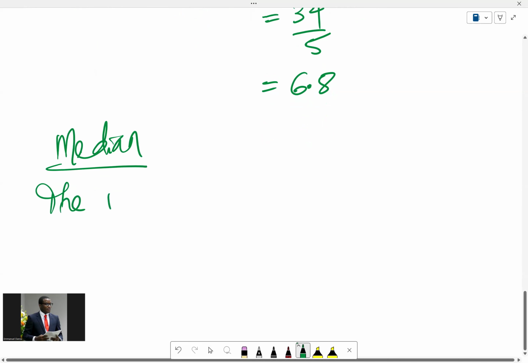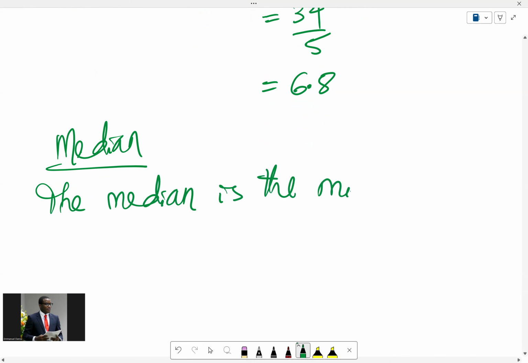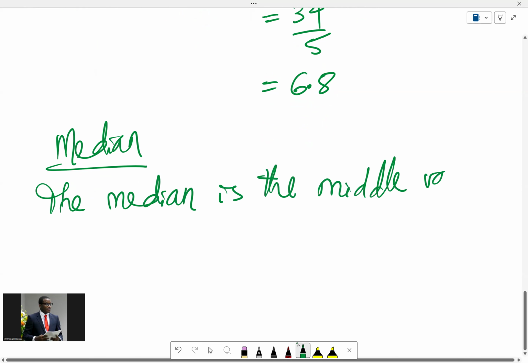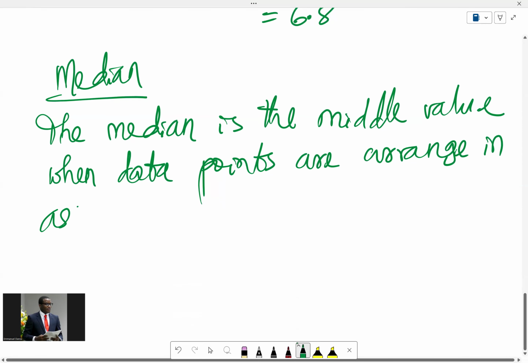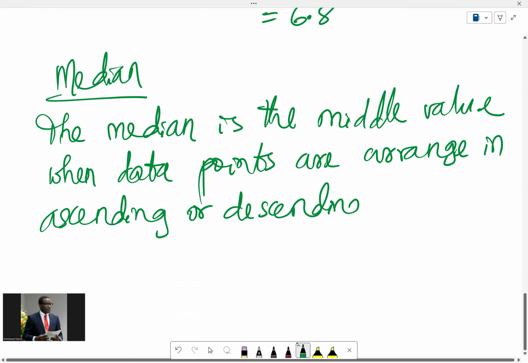The median is the middle value when data points are arranged in ascending or descending order. That simply means that if you want to get the median, you have to arrange the data you have in ascending or descending order.